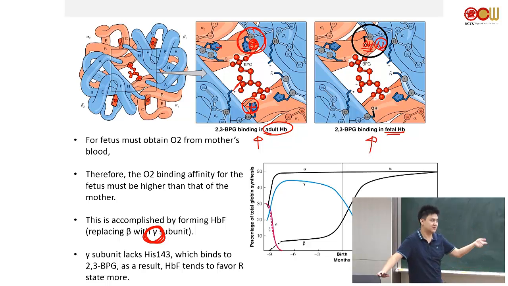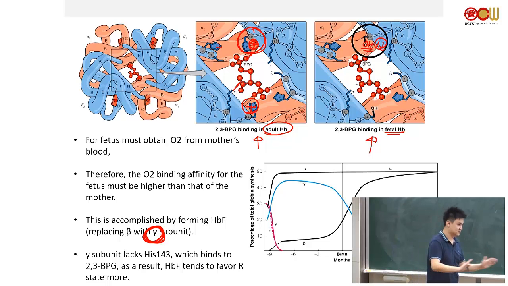You have serine or threonine, I forgot. But you have a hydroxyl group there, which is not charged, so no positive charge. So you lose two salt bridges that stabilize your T state. So your T state is less stable compared to the adult when you're a fetus.